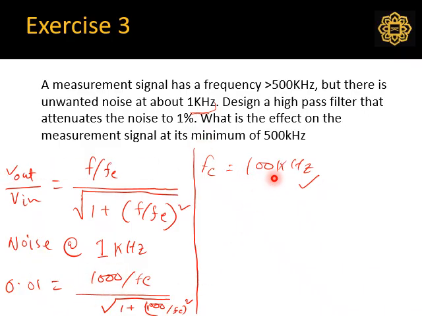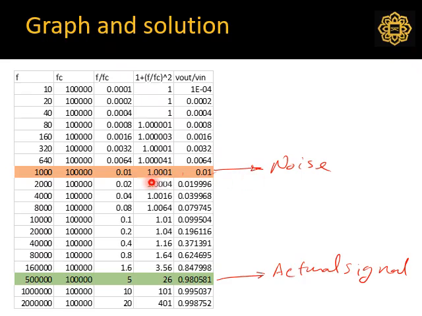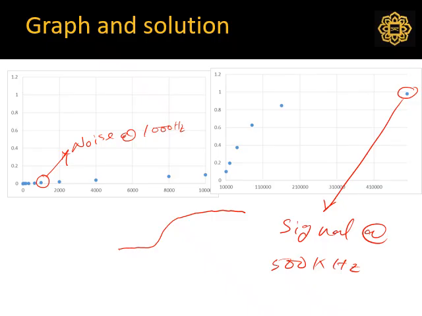Now your fc is 100 kilohertz, and if you look at the Excel sheet, you will see at the noise of 1 kilohertz you have 0.01, but at the actual signal you have a considerable amount of signal, as you can see here. Similar to this is the plot.